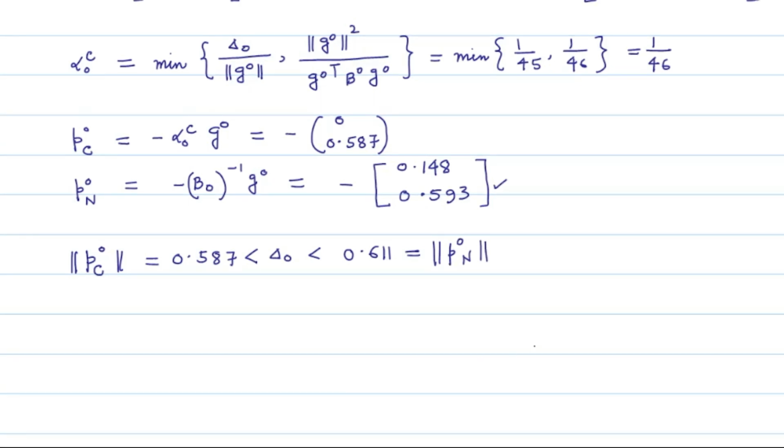the dogleg step will be the intersection of the line segment joining the Cauchy step and the Newton step together with the boundary of the trust region. Let us try to locate the locations of the Cauchy step and the Newton step in the p variable space. P has two components, P1 and P2. Let us suppose this is the axis of P1 and this is the axis of P2.